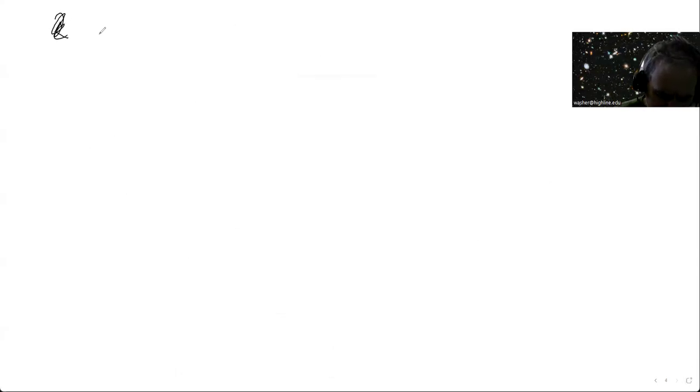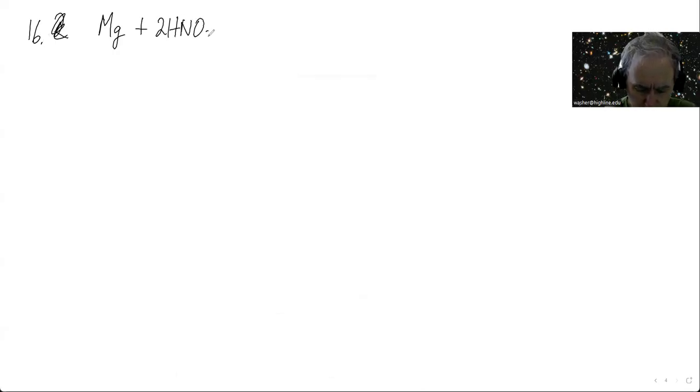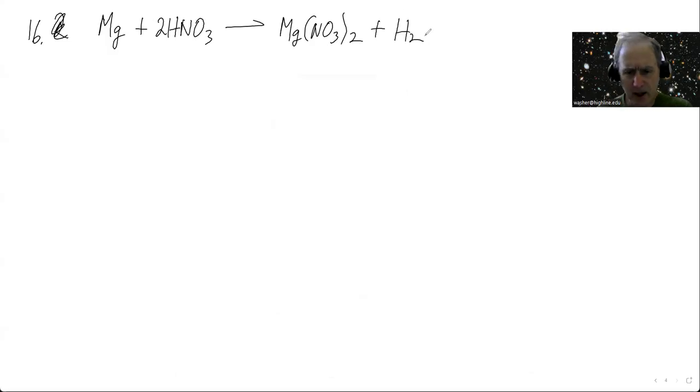All right, so same problem, same equation. Whoops, Mg. This is problem 16 now, and this will finish this off. Oh, plenty of time. Plus 2HNO3 goes to Mg(NO3)2, magnesium nitrate, plus hydrogen gas. And I have 1,451 atoms of magnesium, and it's going to react with 4,300 molecules of HNO3.